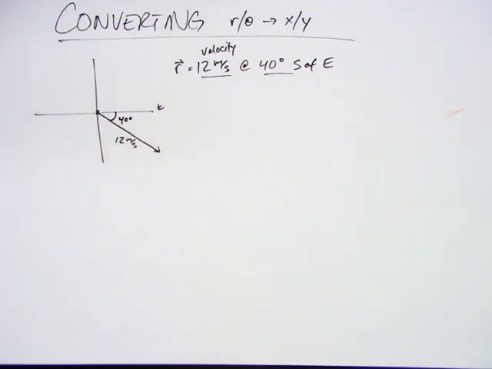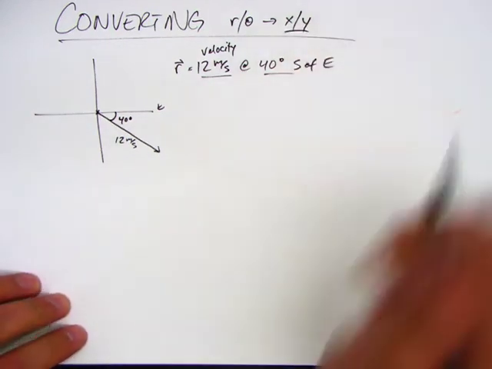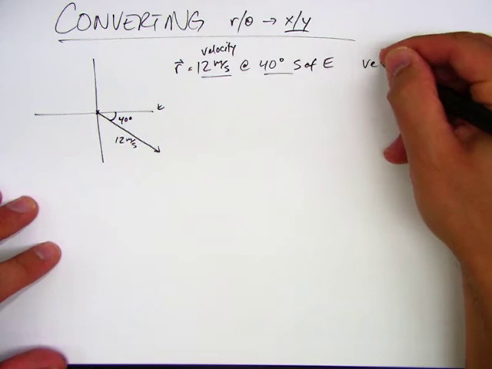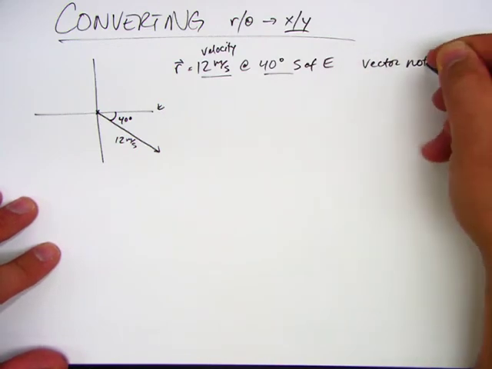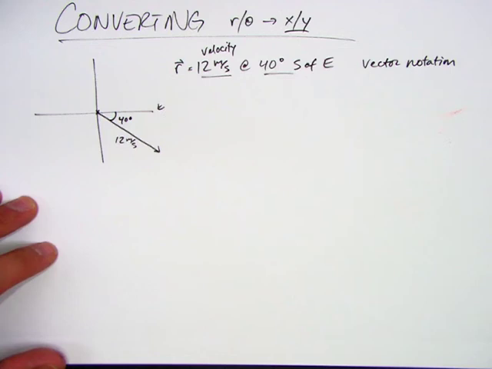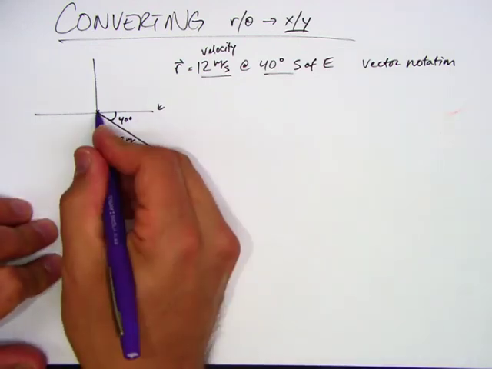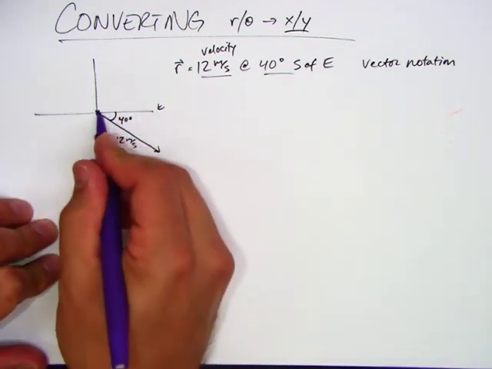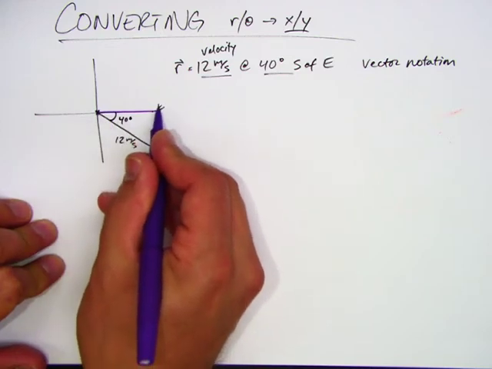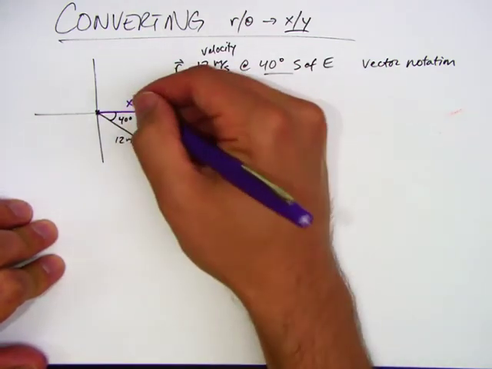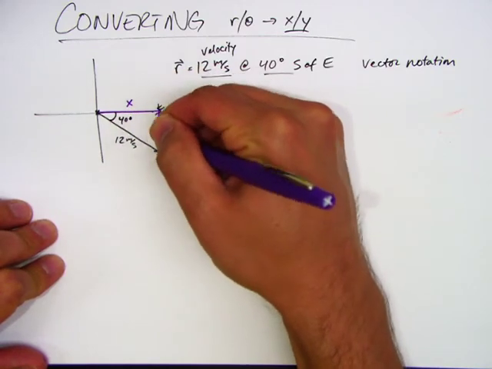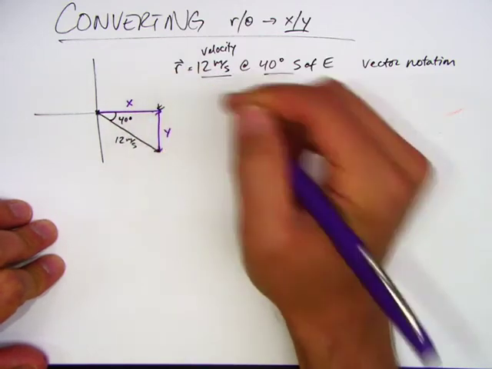Now how can I turn this into standard vector notation of my x component and my y component? Well, all we have to do is start in the same place and say I can break this into an x part and a y part.